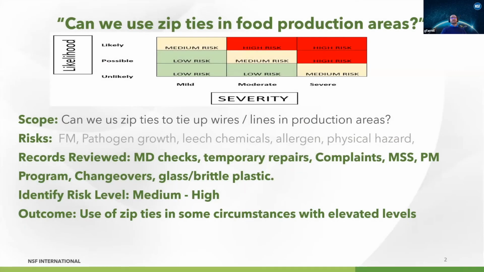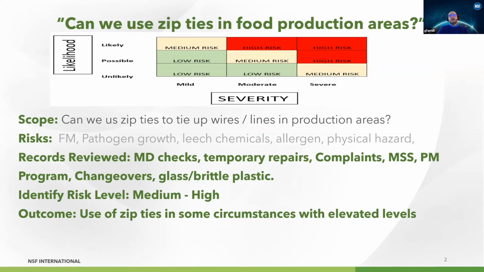Okay, we're back. We looked at it from many different levels, and there were some really great comments. One of the big comments that came out was, what would happen if we didn't use zip ties in production? That was one of those aha moments. We're looking at it from the angle of using zip ties, but that sends us down a different path. I loved the conversation and the different ideas.